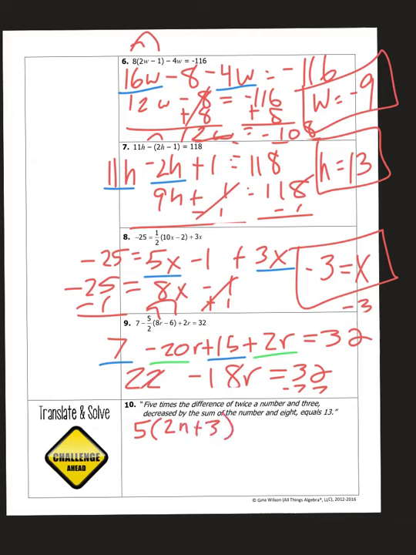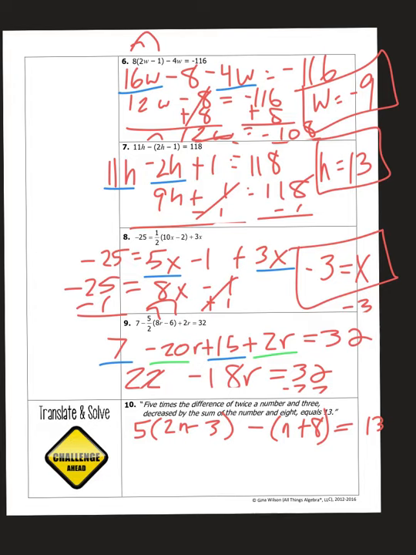Oh, it's difference. Should be subtraction. Decreased by the sum of a number and 8 is, or equals, 13.